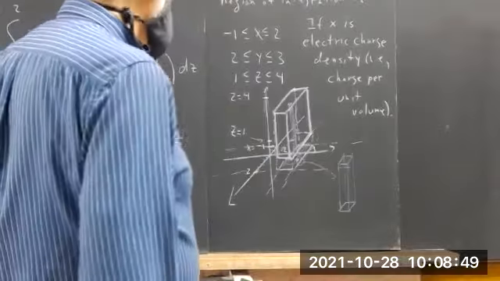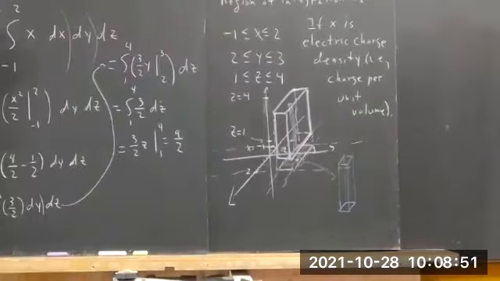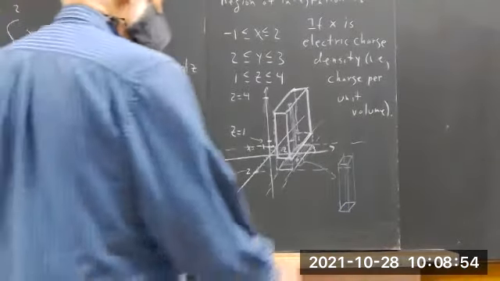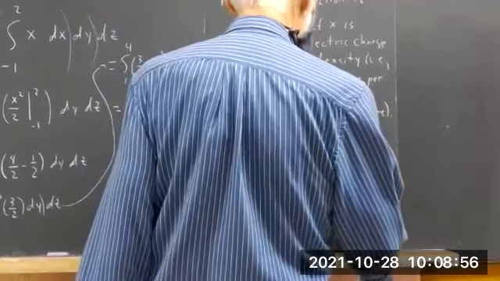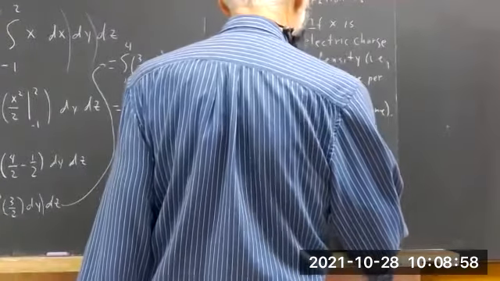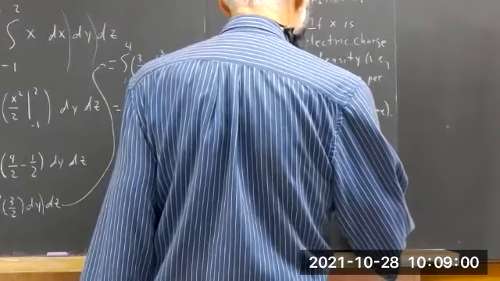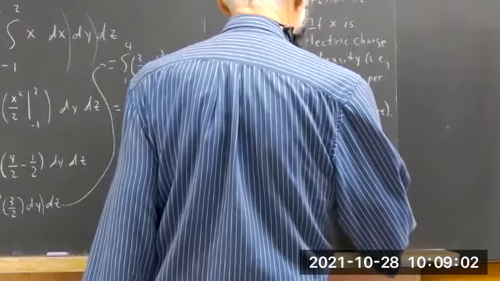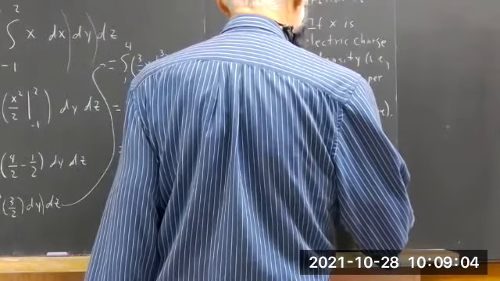Well, when you do the integral with respect to Z, you're partitioning this rectangle into a bunch of volume units.